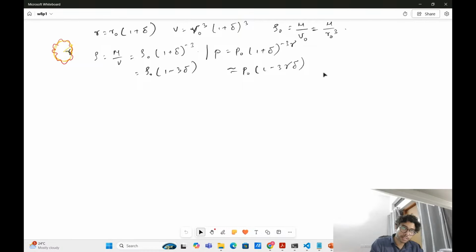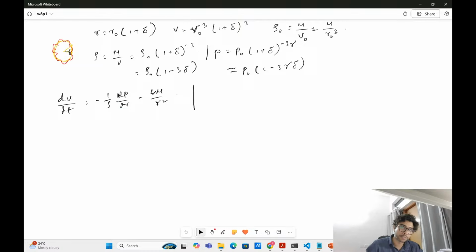So this is the setup that we have. Now we want to solve the Euler equation for the star. Before the perturbation, what would the Euler equation be?